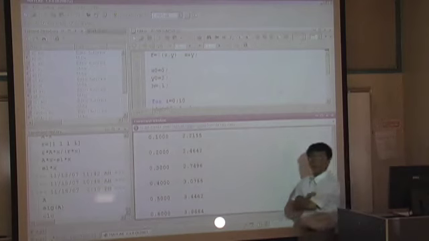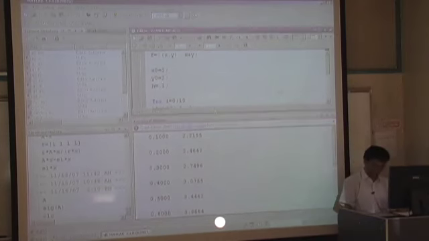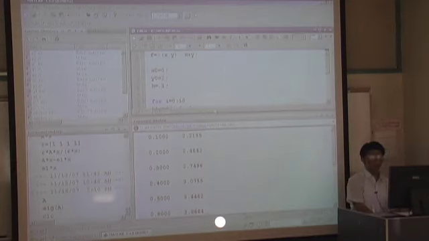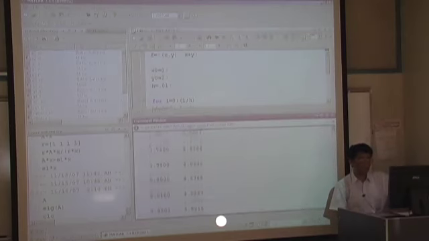So do you follow me? Of course, we can refine this thing using a smaller h. So instead of 0.01, we can refine it this way, right? And then we get this kind of result, right?